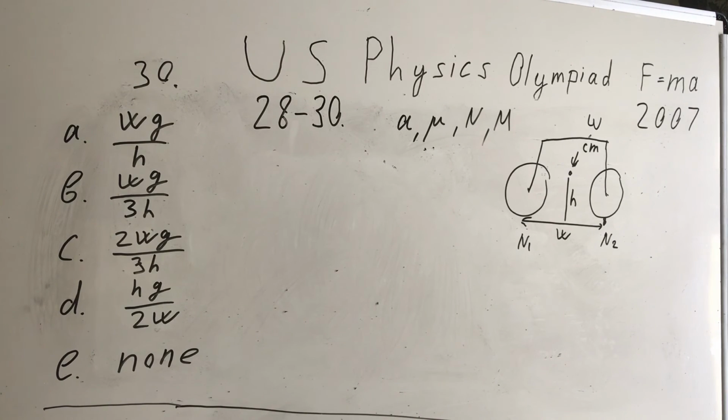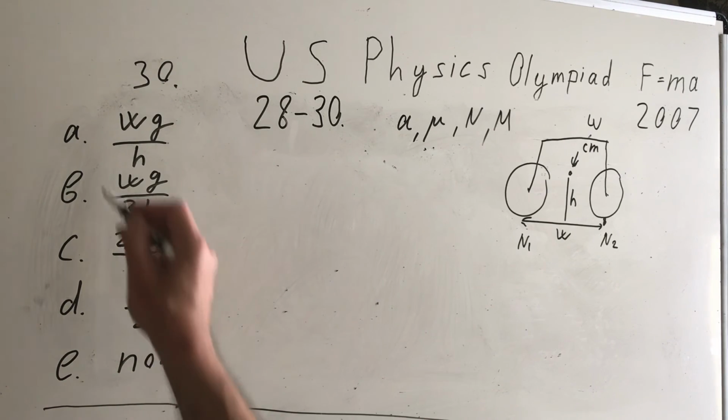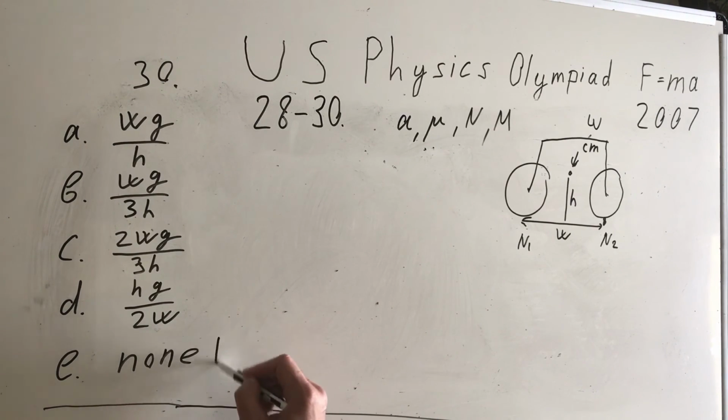The correct answer is the same as for problem number 29, because in that previous problem it doesn't matter whether it was sliding or rotating, so we found the maximum possible acceleration for any condition. So it means that the answer is the same, but we don't see this answer here, so the correct answer is none of them.